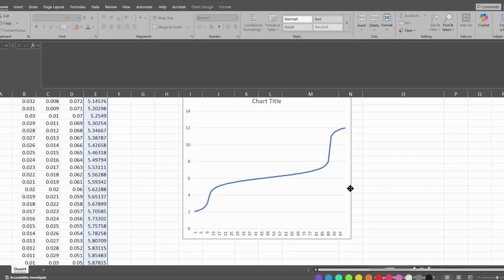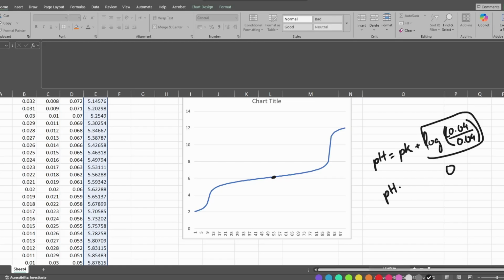Now here let's suppose that pKa was 6.5 for this. So we started from here. By the way, when pH is equal to pKa, if we take the log of 0.04 over 0.04, the whole value will be 0.